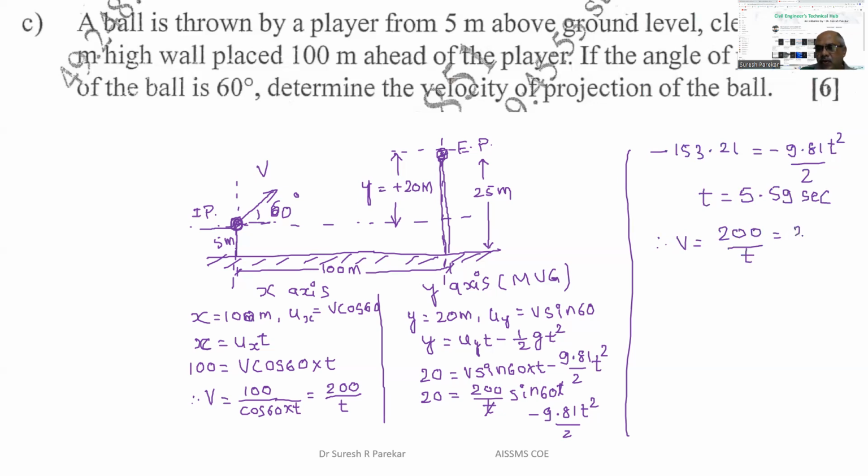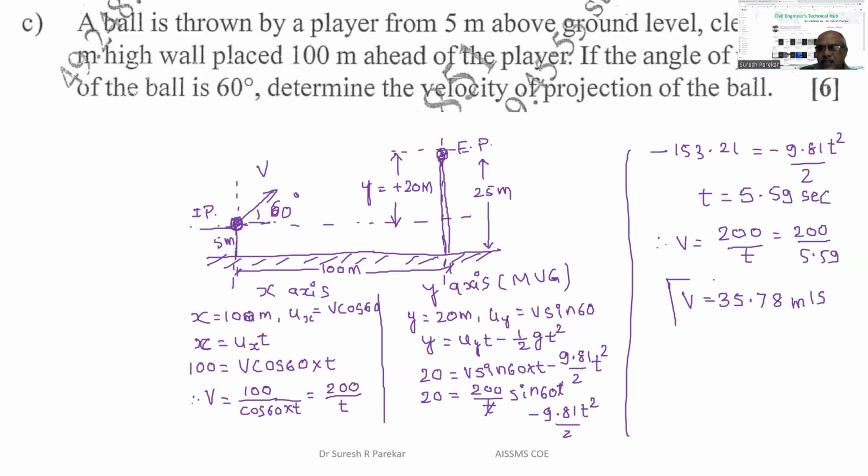is equal to 200 upon 5.59. And from this we get the value of V equal to 200 divided by 5.59, and that is 35.78 meters per second.